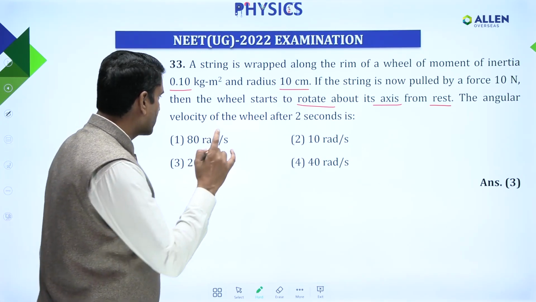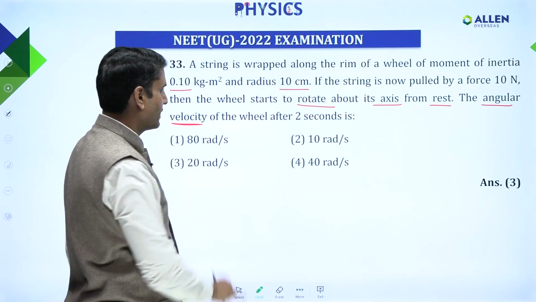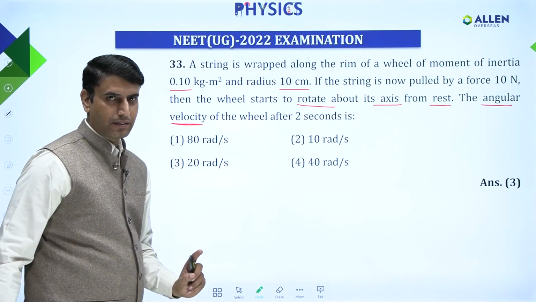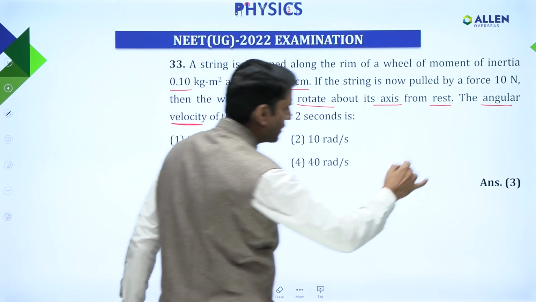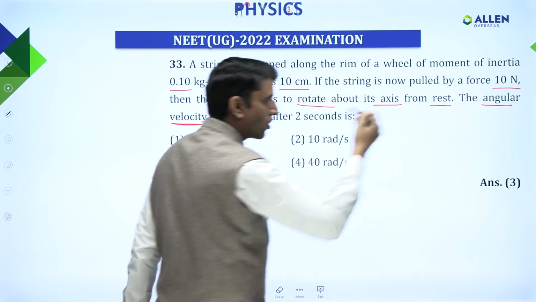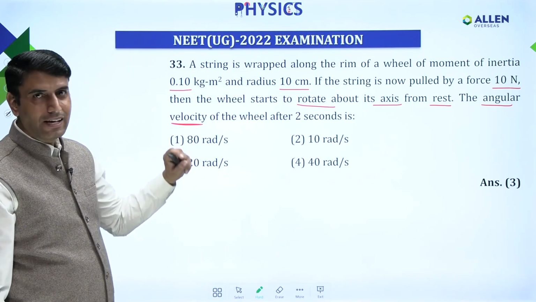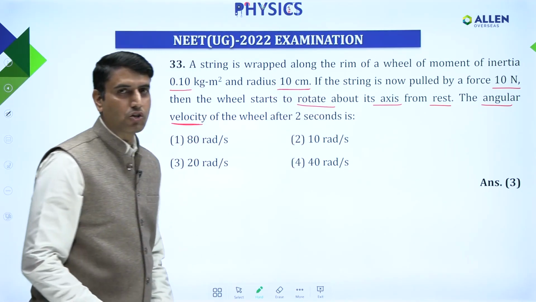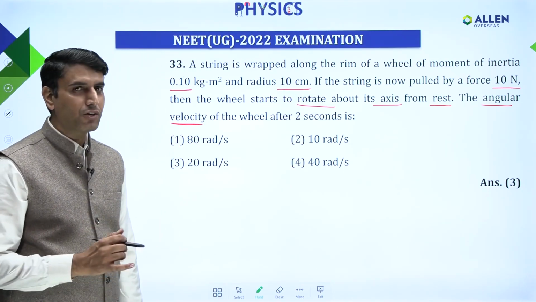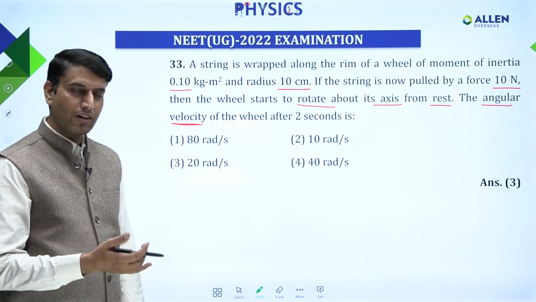Here we are going to find out angular velocity after 2 seconds. As we can see, the force which is being applied is constant, and the radius of that wheel is also constant. So torque also would be constant, and if torque is constant, then angular acceleration also would be constant.